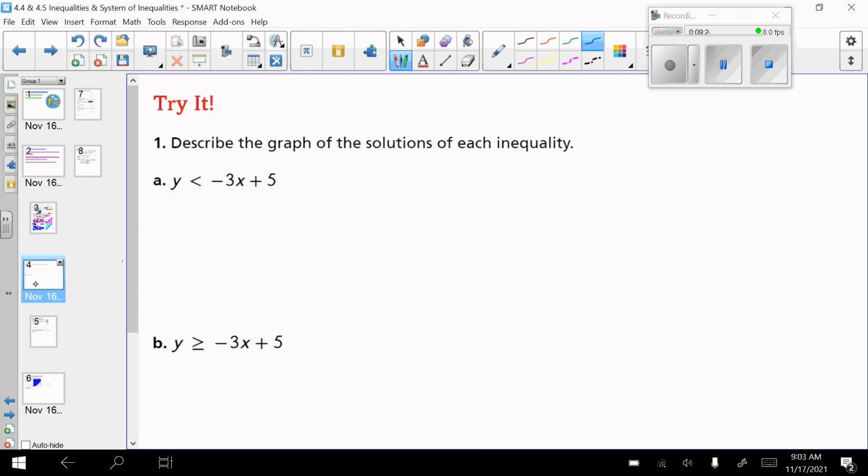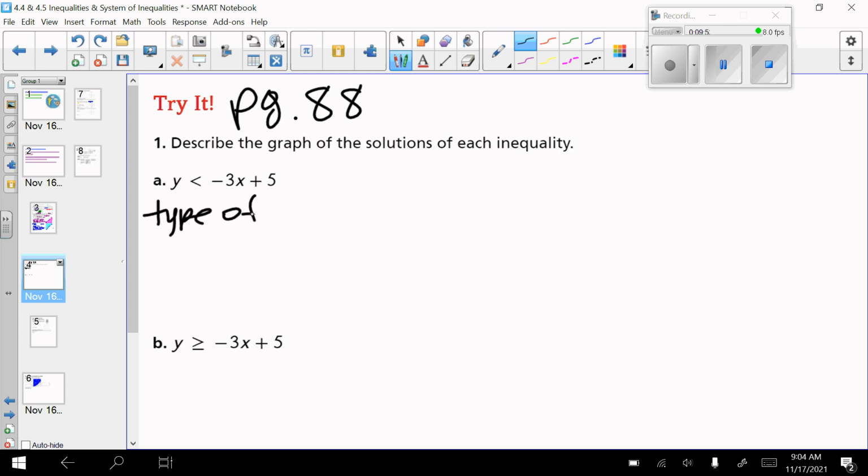We're only going to do this one, try it, and it's on page 88. And really all I want you to answer is: is it solid or dashed? Is it above or below? And then what's my y-intercept and what's my slope? That's all we're going to answer for these two. So go ahead and work on that for a few seconds, and I'll write what you're going to answer.